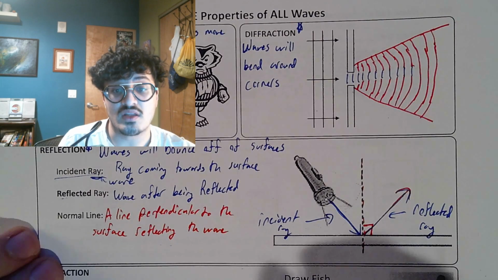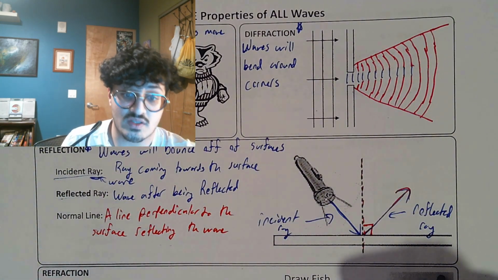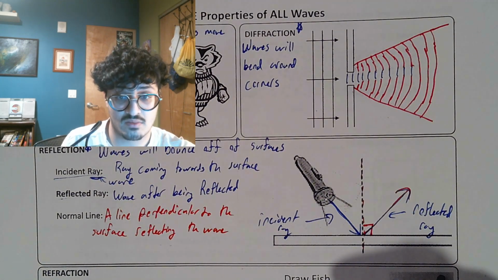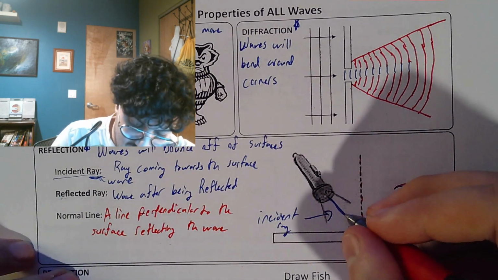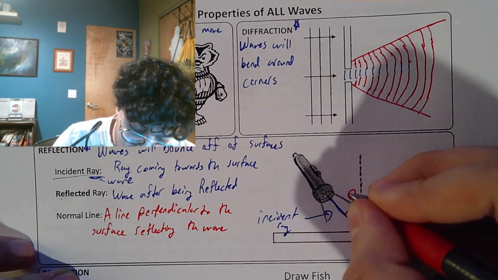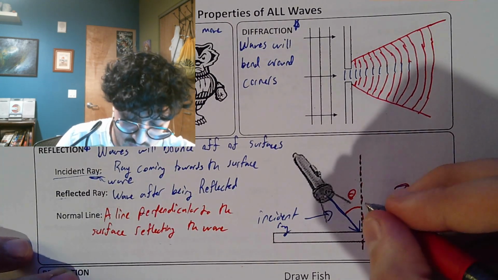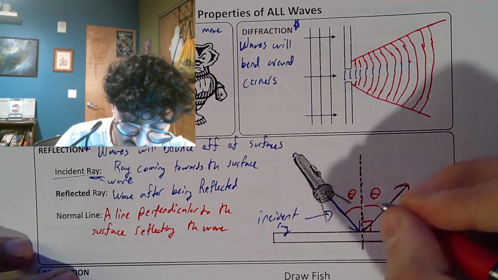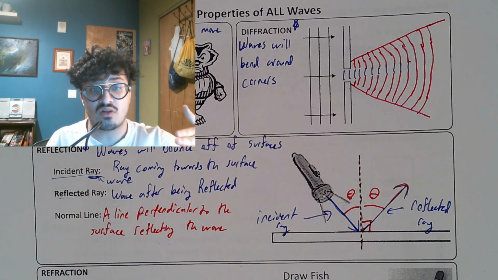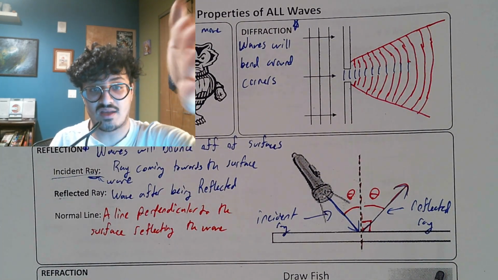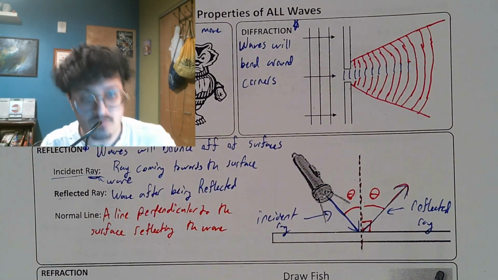So you can think of this normal line as any line perpendicular to the surface that is reflecting the ray. This normal line is important because the angle that we send our ray in with, the angle of the incident ray, in other words, is going to be equal to the angle that the reflected ray is coming out as. All reflection will occur going in at one angle and coming out the same angle. It's symmetrical.